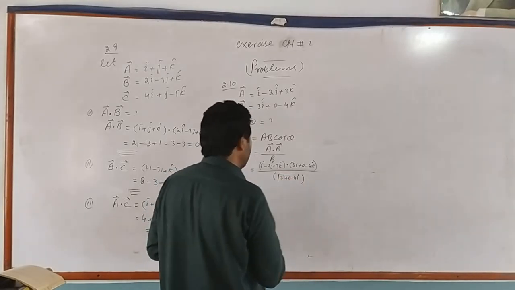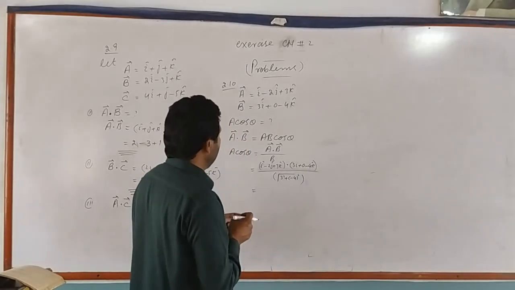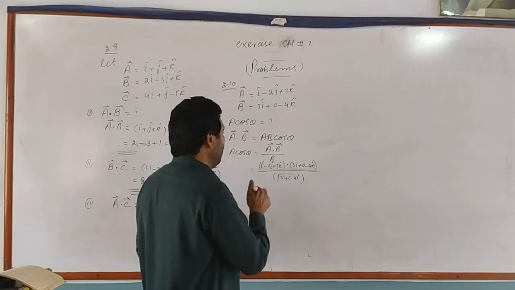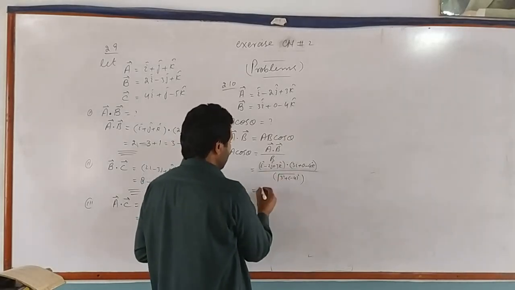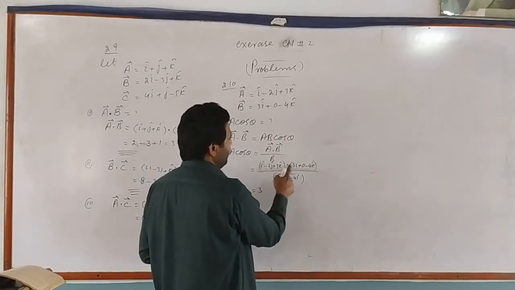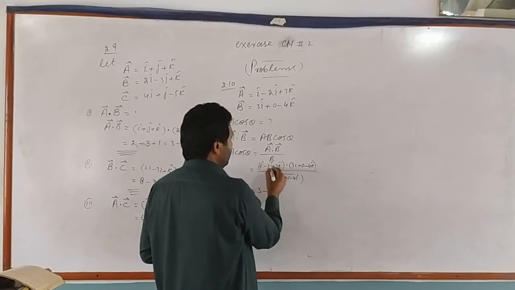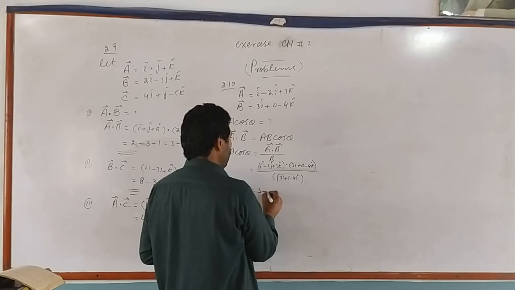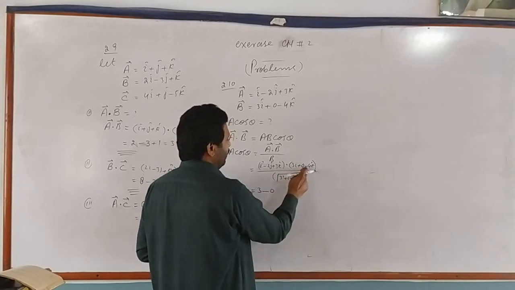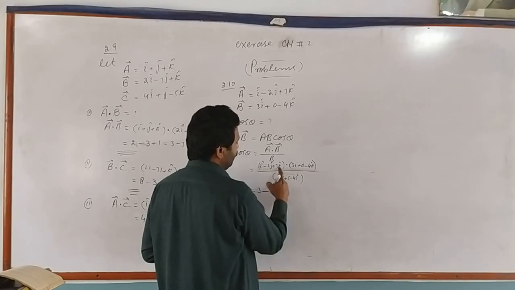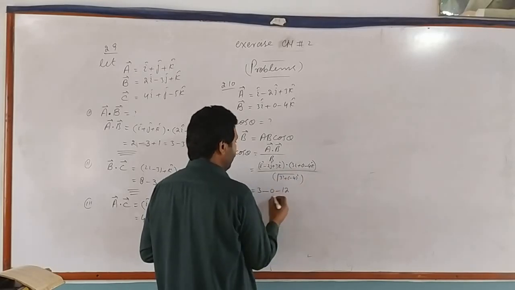Dear students, the dot product of these two vectors A and B in their rectangular components form will be: 1 times 3 is 3, i dot i is equal to 1; minus plus minus 0 multiplied by 2 is equal to 0; minus plus minus 3 4s are 12, j dot j is equal to 1.